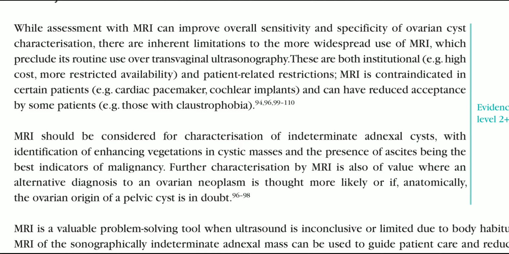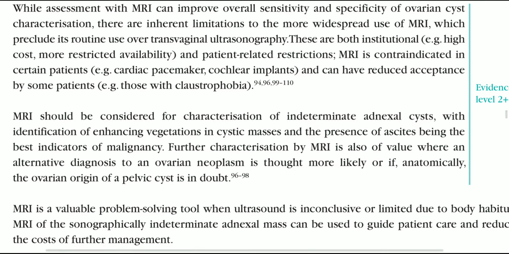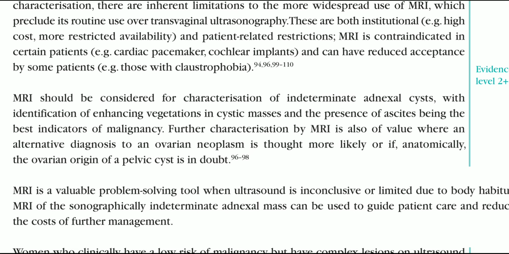MRI should be considered for the characterization of the intermediate adnexal cyst, with identification of enhancing vegetations in the cystic mass and the presence of ascites being the best indicators for malignancy. Further characterization by MRI is of value where an alternative diagnosis to ovarian neoplasm is thought more likely, or if anatomically the ovarian origin of the pelvic cyst is in doubt.